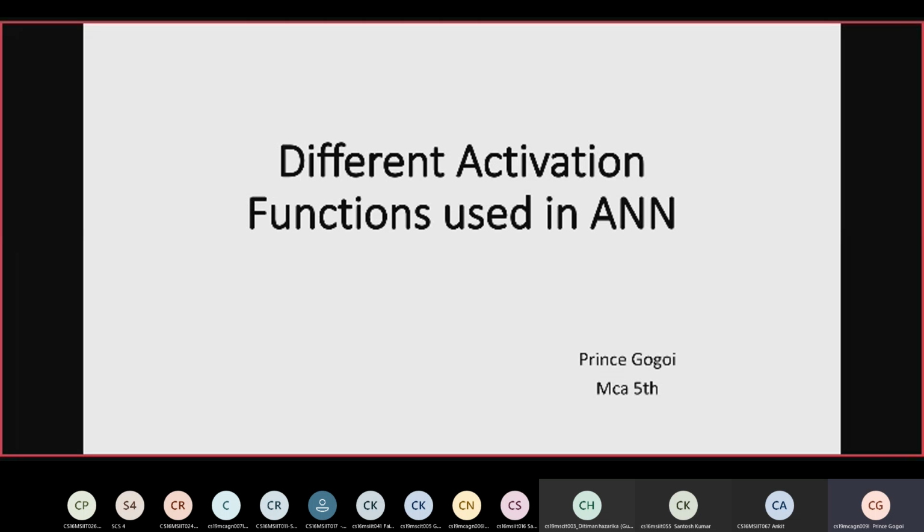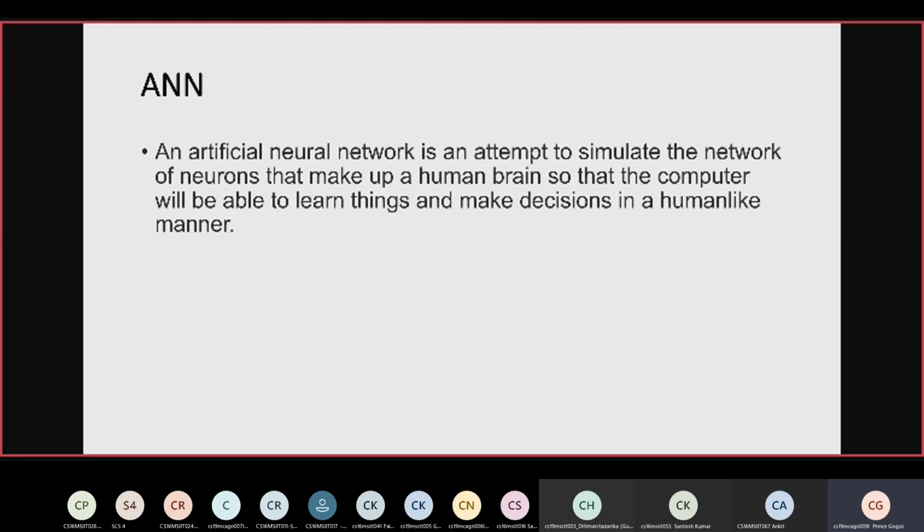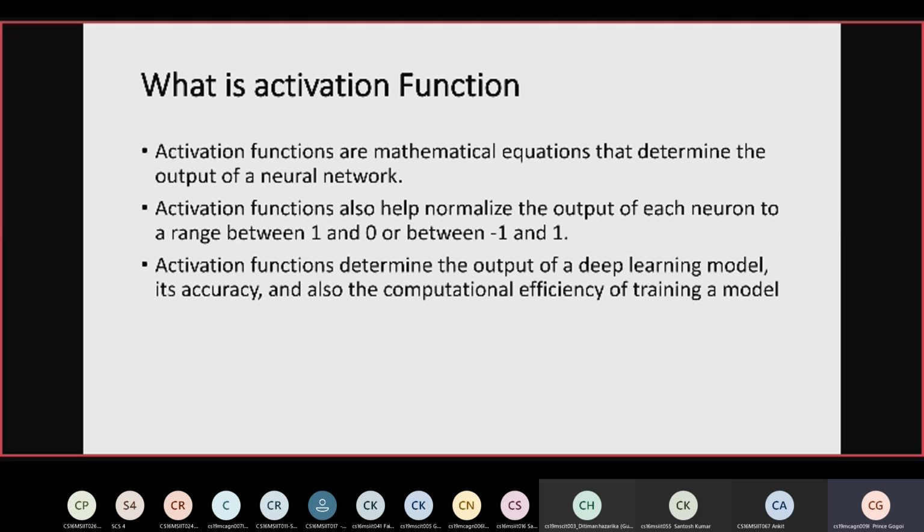Today's discussion topic is different activation functions used in ANN. ANN is artificial neural network, an attempt to simulate the network of neurons that make up a human brain so that the computer will be able to learn things and make decisions in a human-like manner.